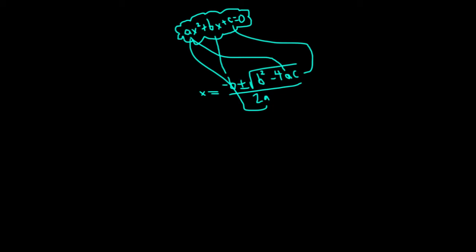And then you have yourself a tangled mess that makes a number. You don't plug in the x's, because there's no x's in this, except for this one. You're trying to find x, though.